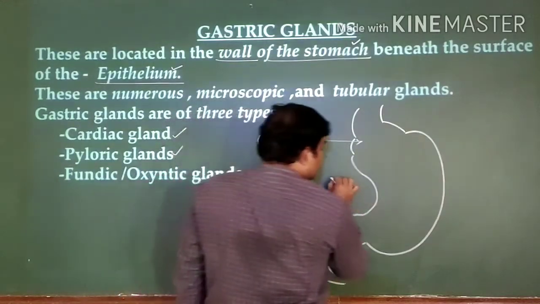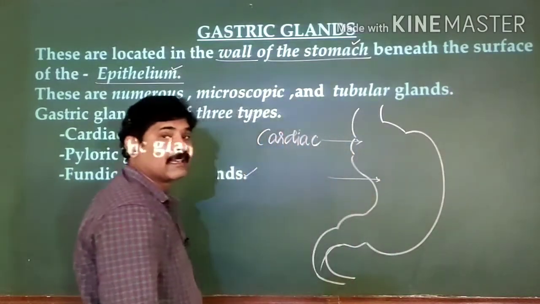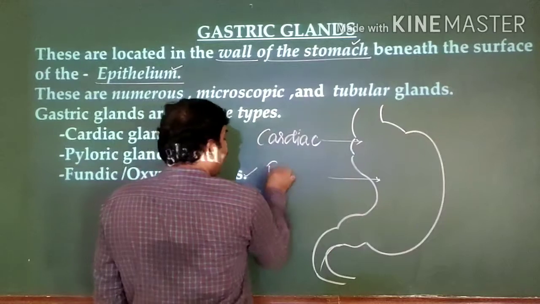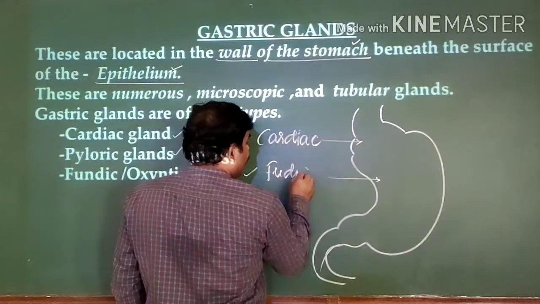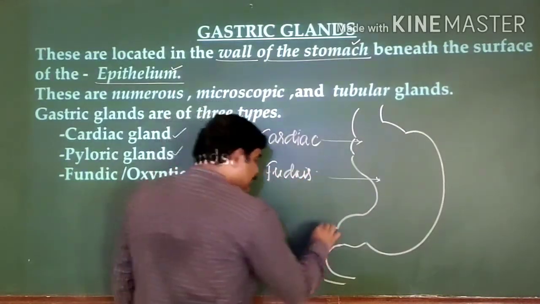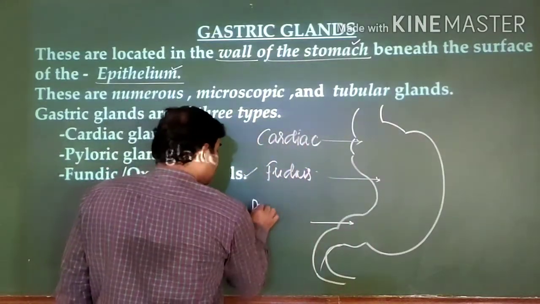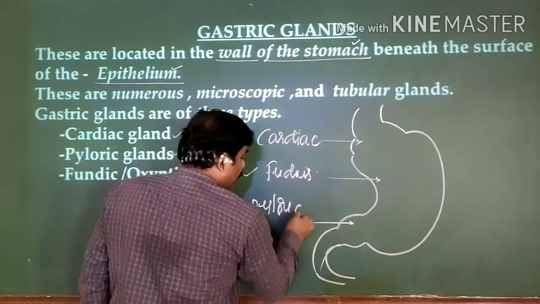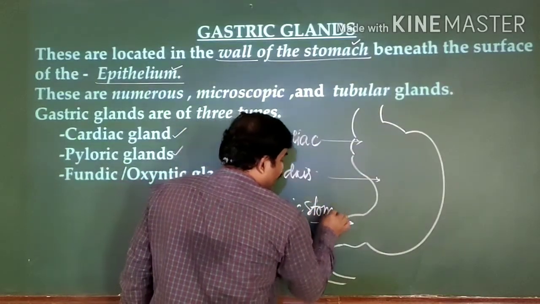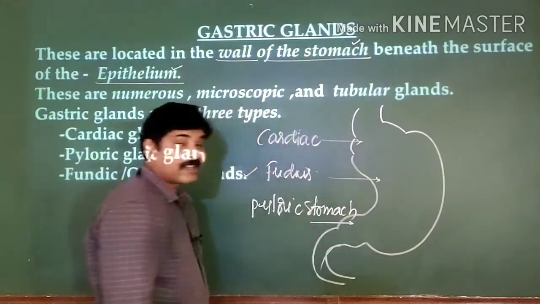This is the portion which we call the fundus or fundic stomach. And this area is known as the pyloric stomach. These are the three areas.